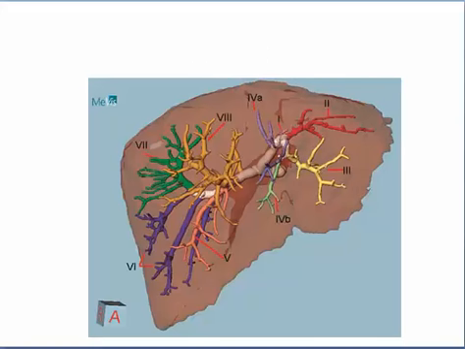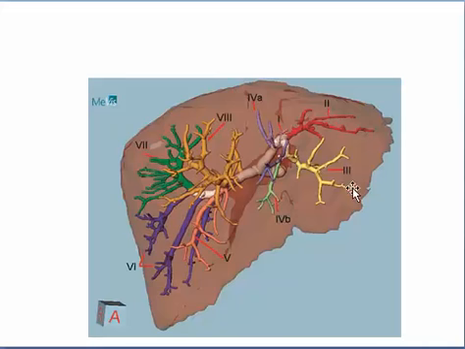You all know about the segments of the liver. Anteriorly is 2 and 3. If you go backward, it is 4A and 4B. If you go more back, it is number 5, 6, 7, 8.